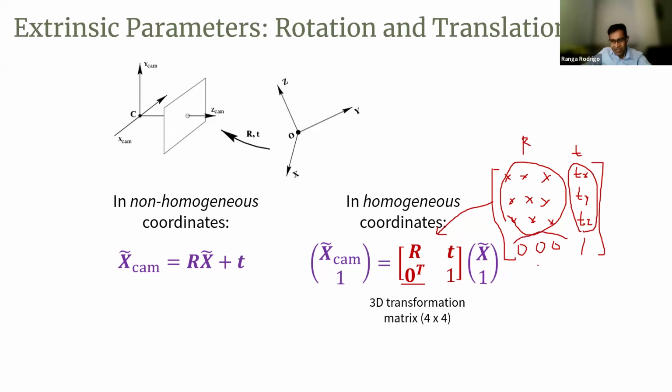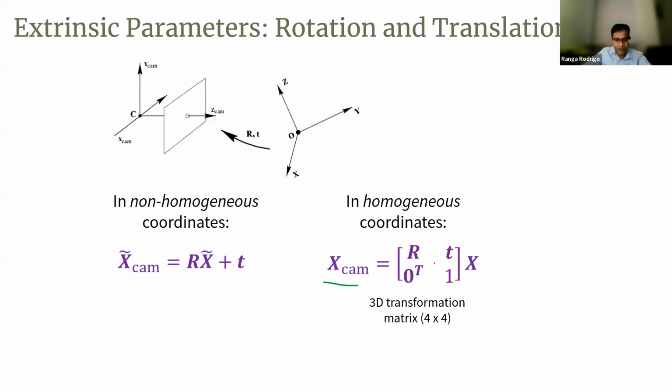This portion is my 0 transpose. This one is 1. Okay. So then in homogeneous coordinates, you can write that. Just know that in homogeneous coordinates, you have added a 1. Okay. So now with this multiplication, you get x cam. That means this capital X with respect to the camera. So that's x cam. So now it's with respect to the camera.